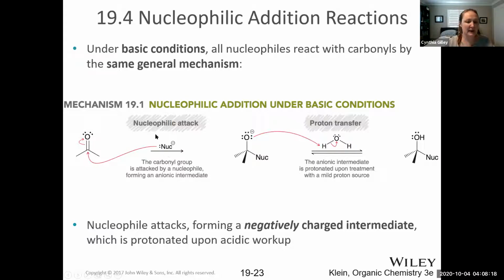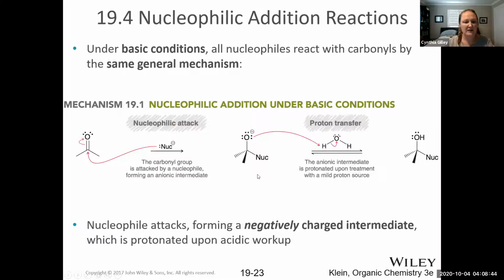Because it is negatively charged, it's going to be less stable, higher energy, and more reactive. So the activation energy to attack the carbonyl carbon of a ketone is pretty low because of the high energy intermediate, right? So it's able to do a nucleophilic attack of the carbonyl carbon directly.